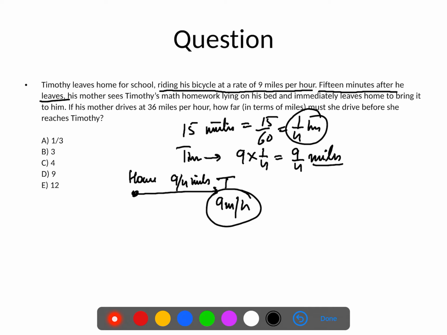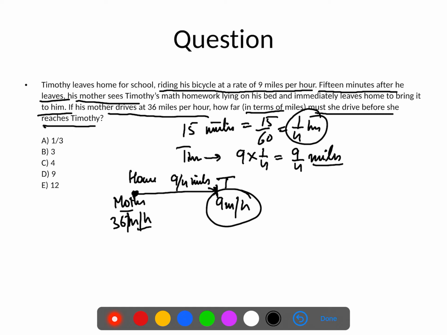Now, when he reaches this point, after 15 minutes, his mother starts from the home. So this is mother at the home. Now the question is, if the mother drives at 36 miles per hour, how far in terms of miles must she drive before she reaches Timothy?